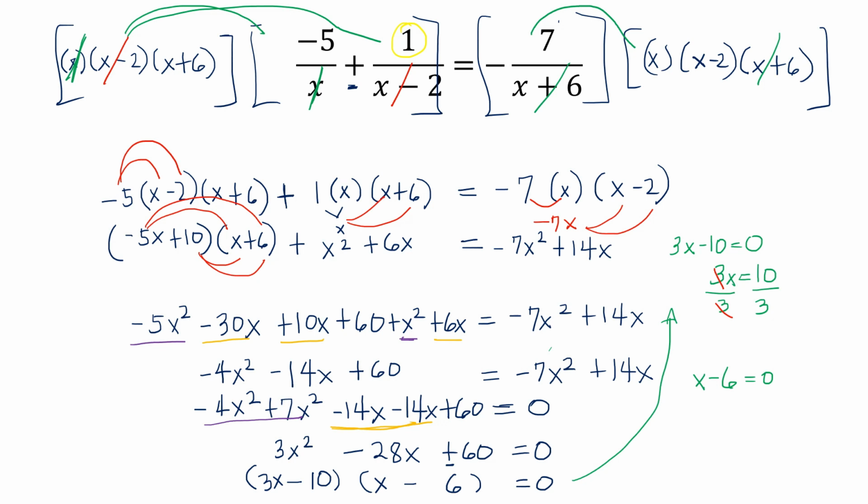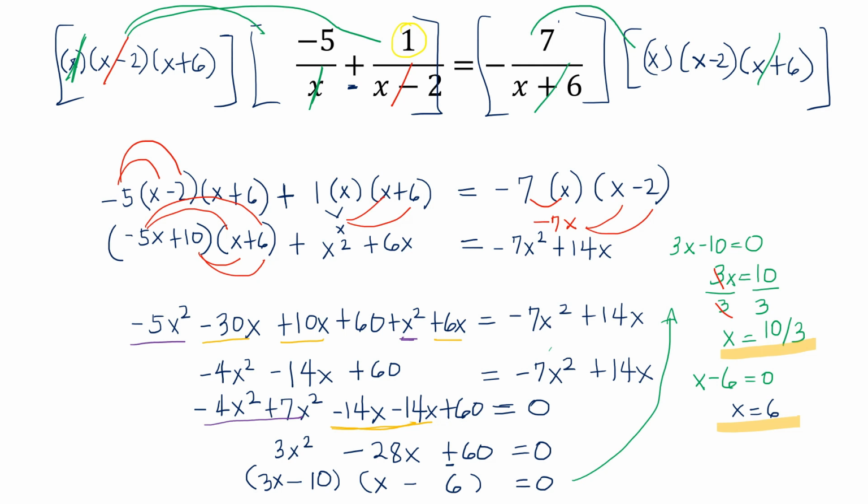So what's left is x equals 10 over 3. Okay? 10 over 3. And then for x minus 6 equals 0, by APE, we have x equals 6. So, values of x are 10 over 3 and positive 6.